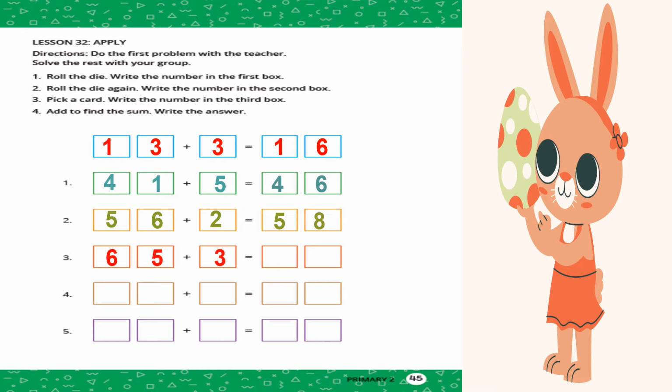After 65: 66, 67, 68. Number 4, 54 plus 5. After 54: 55, 56, 57, 58, 59. Number 5, 24 plus 2. After 24: 25, 26.